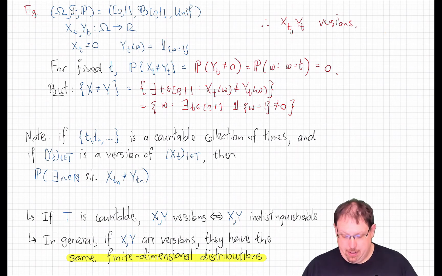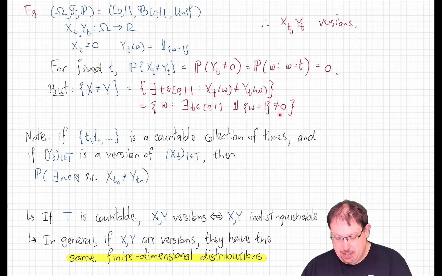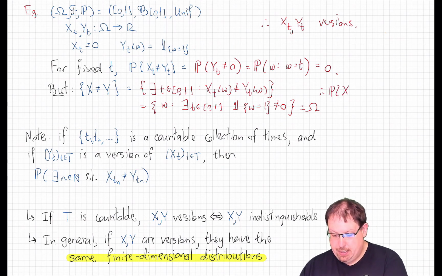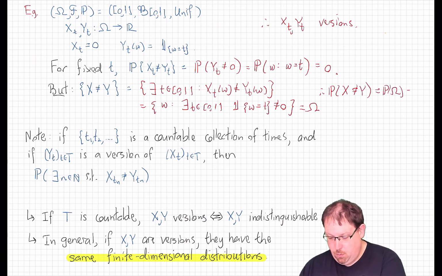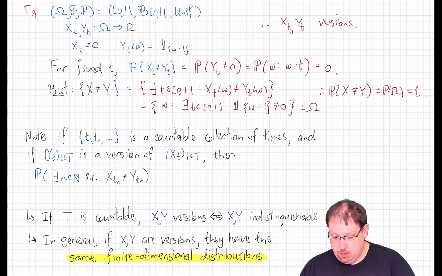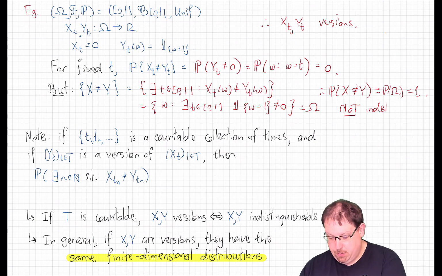But for every omega, there is some t so that this is not the 0 function. It's always equal to 1 when omega equals t. So this is true for every omega. This is the full probability space omega, and therefore the probability that X is not equal to Y is actually equal to 1. So these are not indistinguishable. They are very distinguishable.